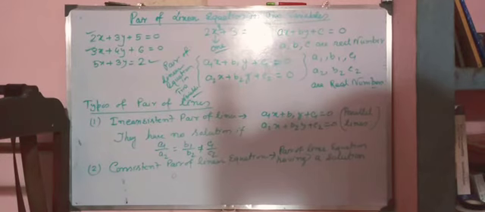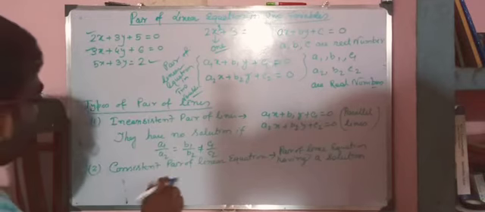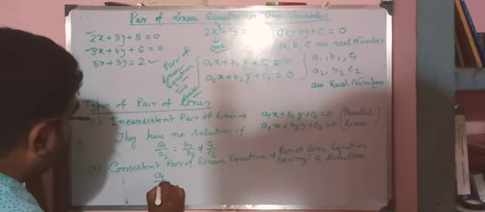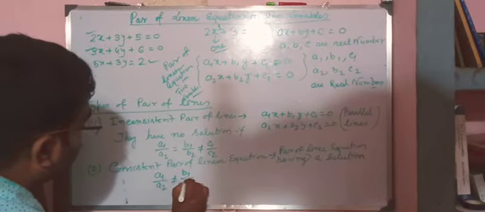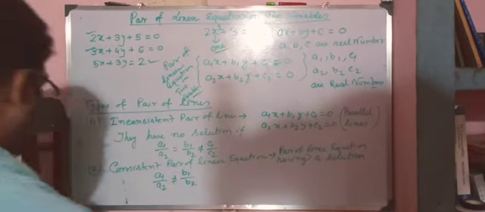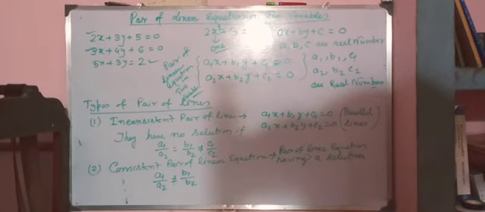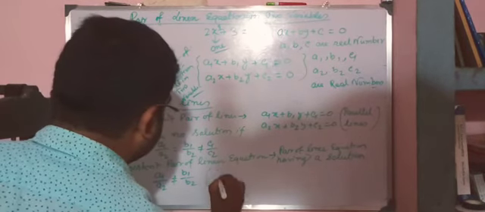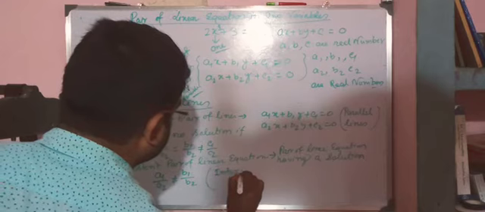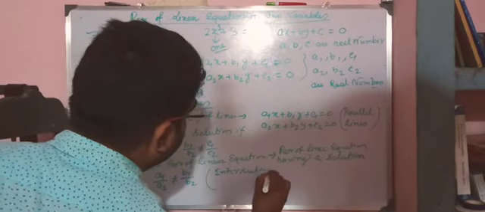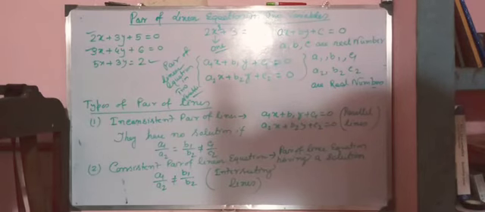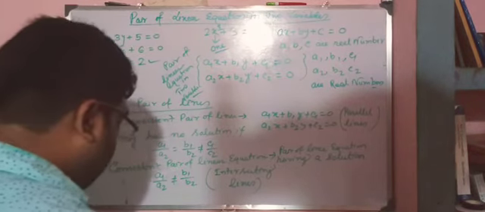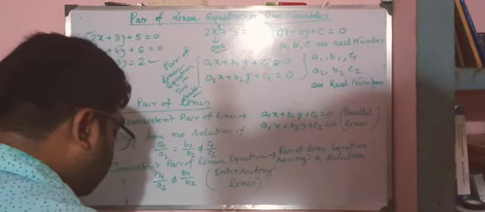So it is possible when a1 by a2 is not equal to b1 by b2. It is possible only then, and these are called the intersecting lines. Okay. Next move to dependent pair of linear equation.